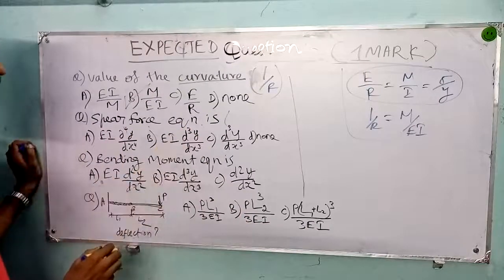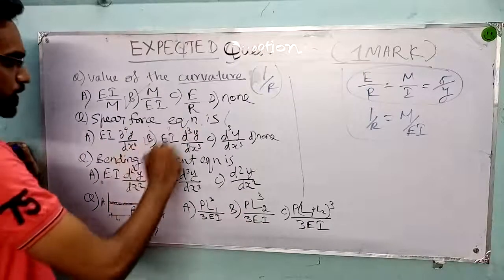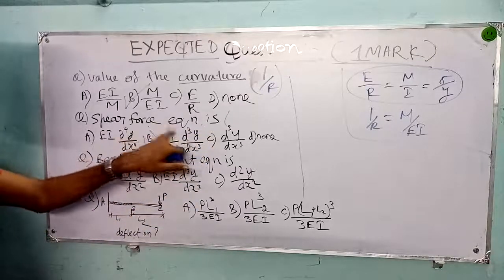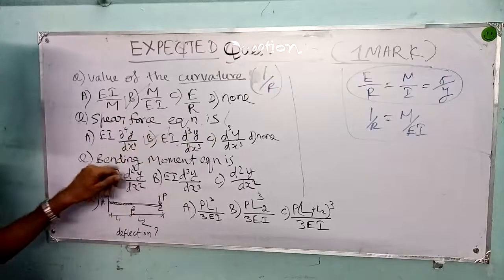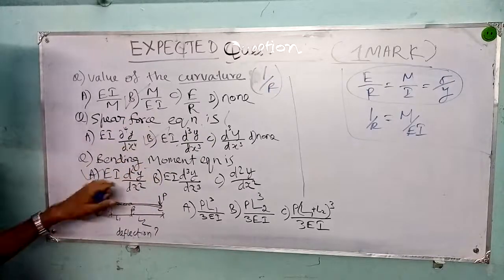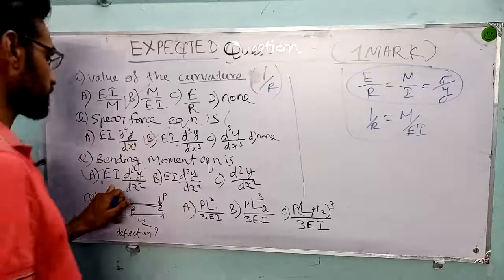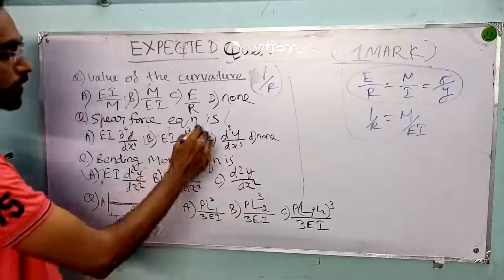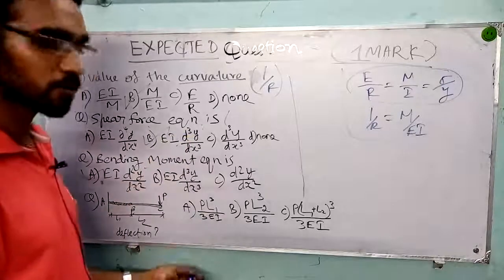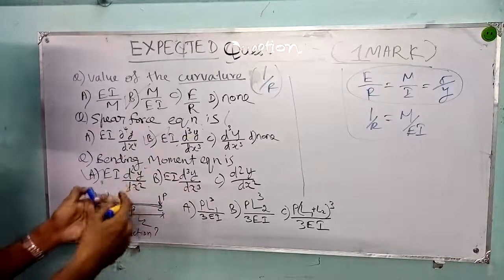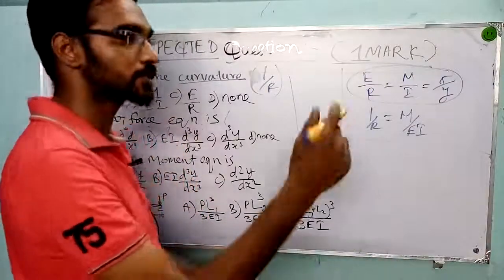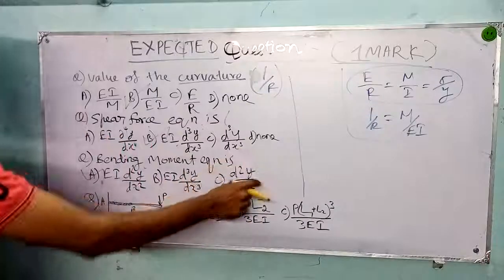The bending moment equation is up to the square level, EI d square y by dx square. If it goes up to the power of d to the 4, then that is the load equation. I already discussed these conditions in part 2 or part 3. If you want to see it, the video will be uploaded, and you can go and see this formula solved.